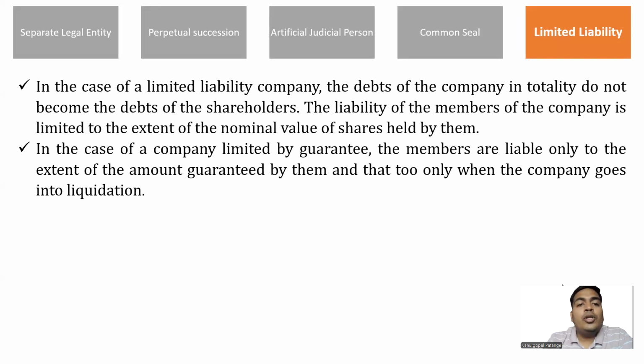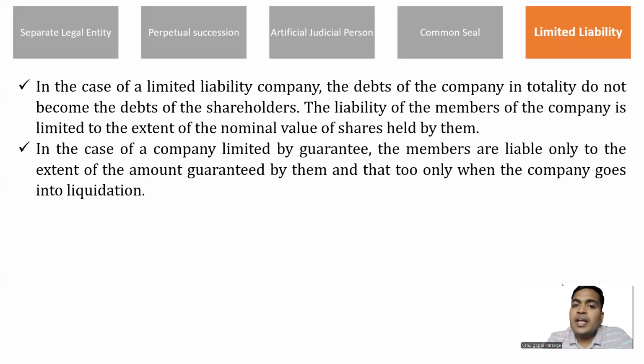In case of limited by guarantee, not by shares, the members are liable only to the extent of the amount guaranteed by them. While framing the MOA, they will mention the amount of guarantee to be contributed in case of winding up. Let us say in the guarantee they wrote 1 lakh per person. So the liability is limited to that 1 lakh, which is mentioned in MOA as a guarantee.